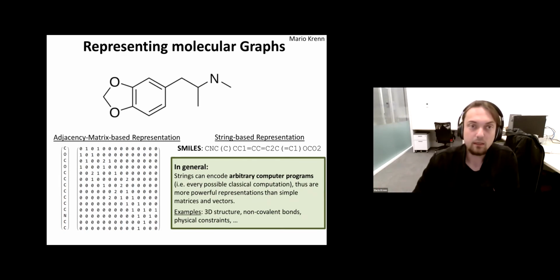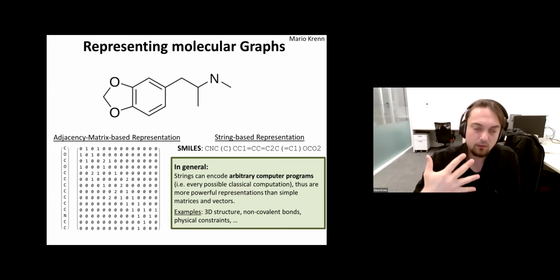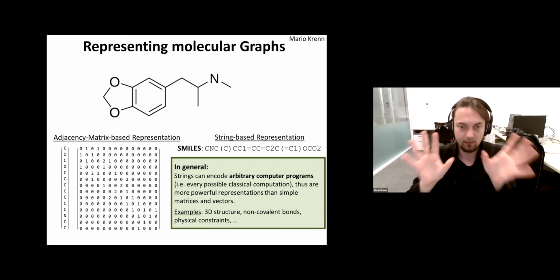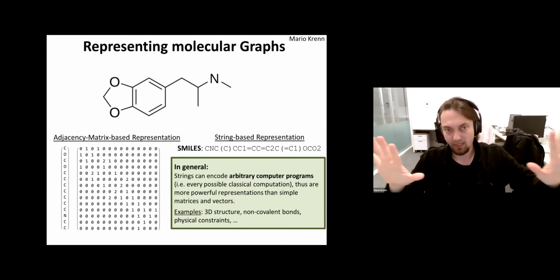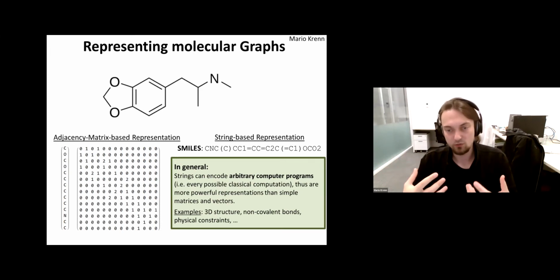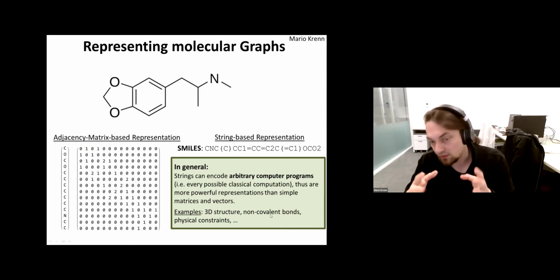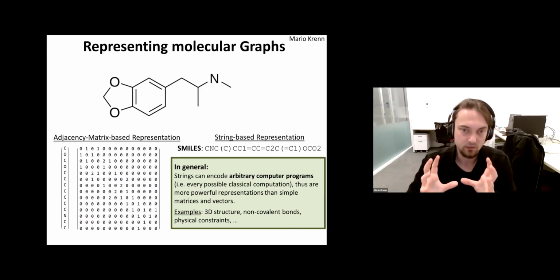And in many cases, your molecular graph, or in general graphs that come from the natural sciences, are not just blind 2D, but have a lot of additional structure. For instance, in chemistry, you can have additional 3D structure or different types of bonds or physical constraints and so on.